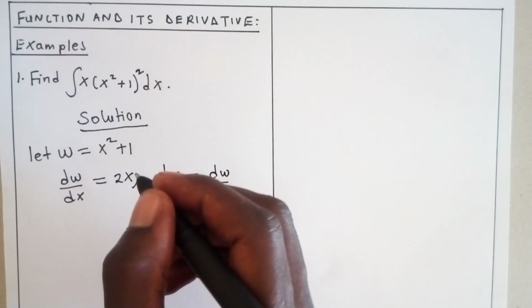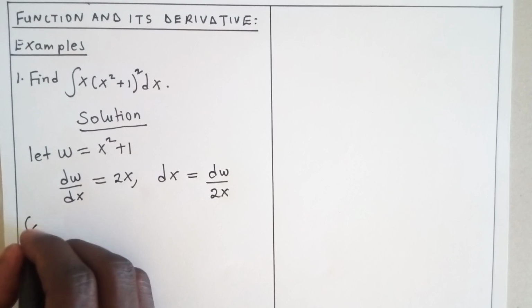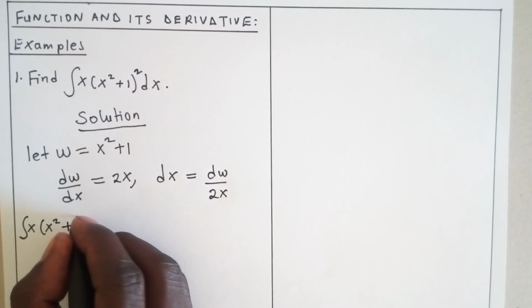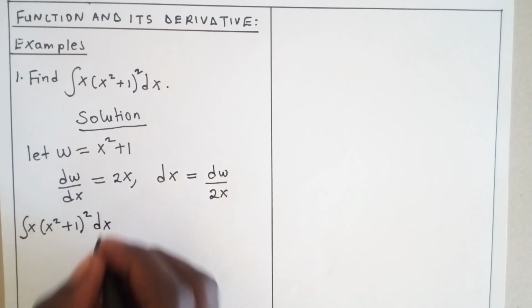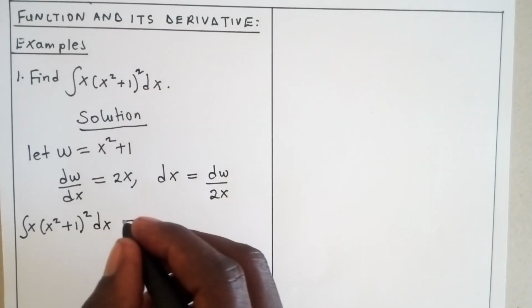Now from there we realize that our function is the integral of x times (x squared plus 1) squared dx. So we are going to substitute so that we can simplify our work.